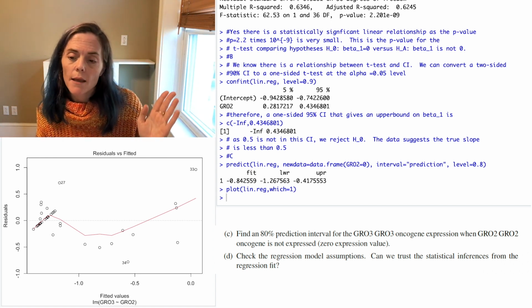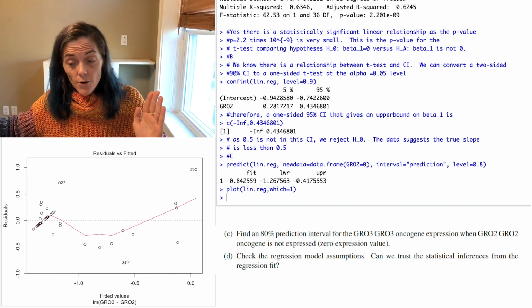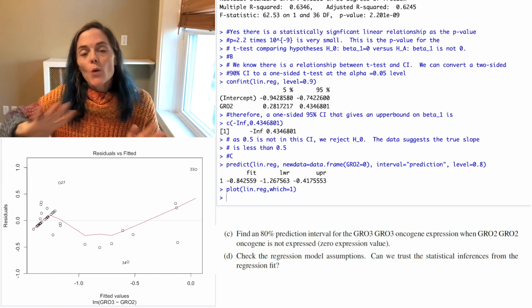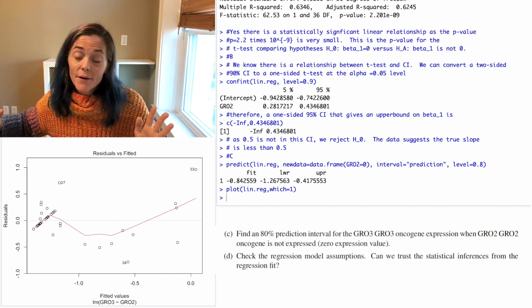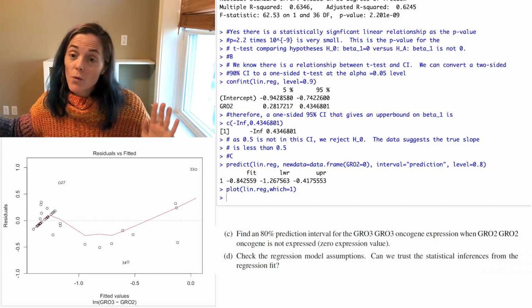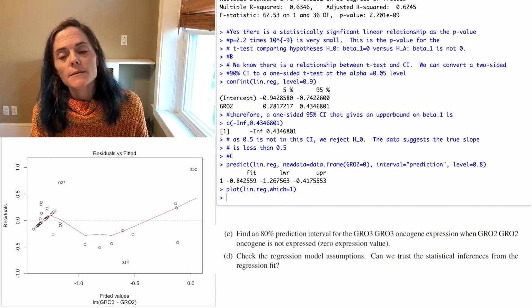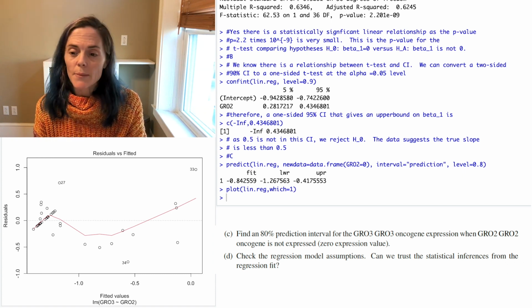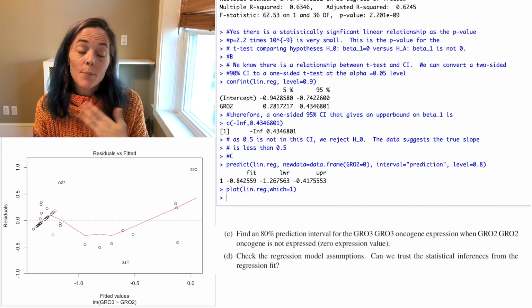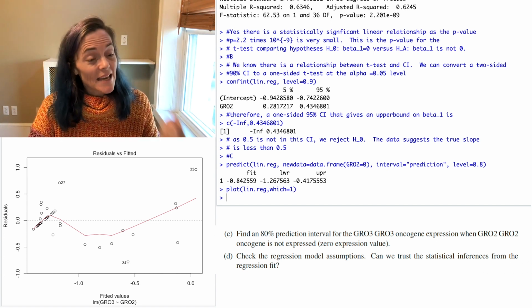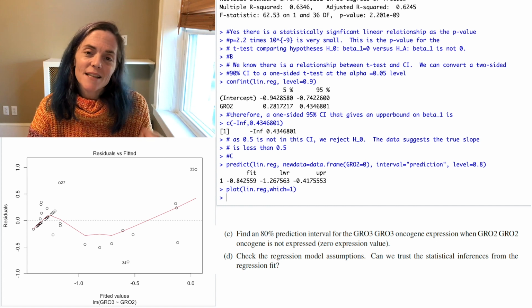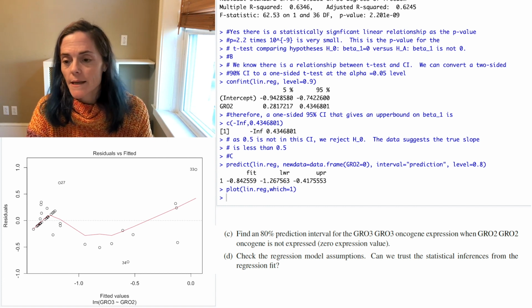We should see the mean approximately 0 throughout. We should see no obvious pattern. We should see approximately equal variance. And this doesn't seem to look like this. This plot is concerning to me. From this plot alone, I would say perhaps we shouldn't trust the inferences made from this linear regression fit.